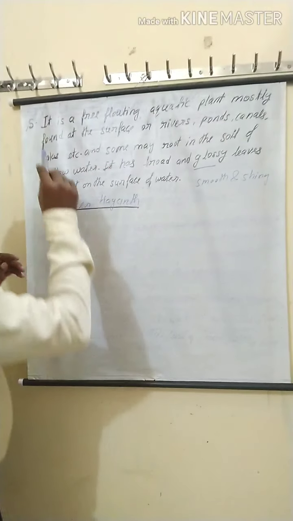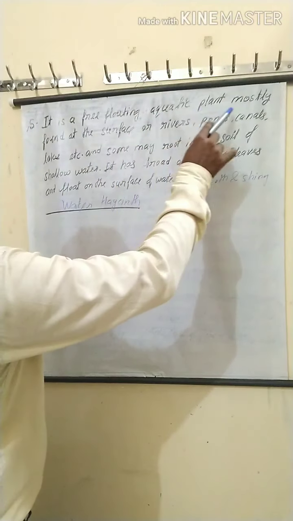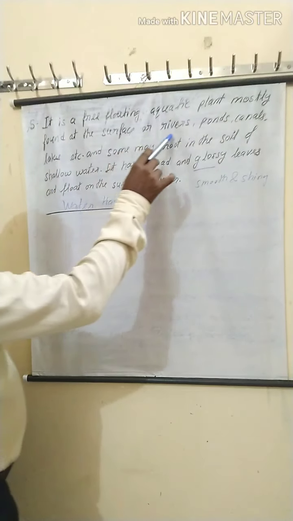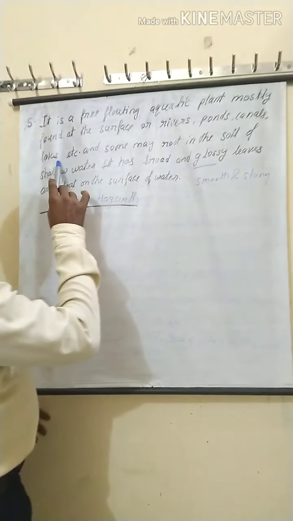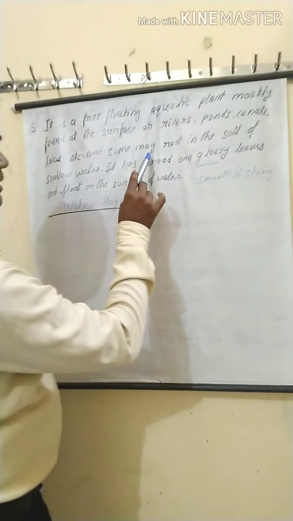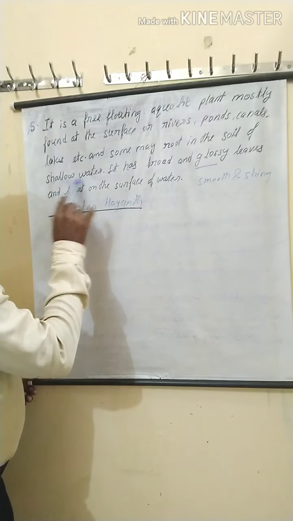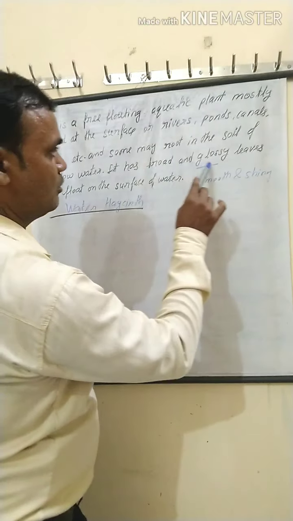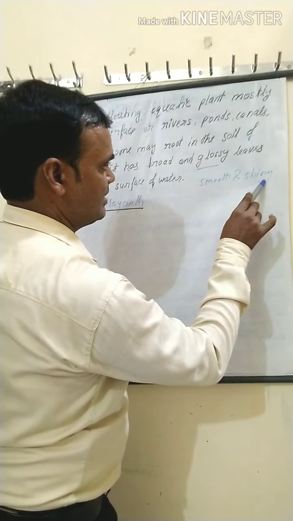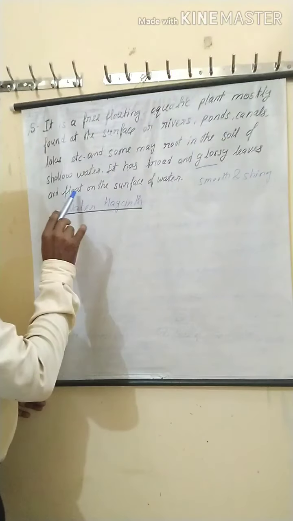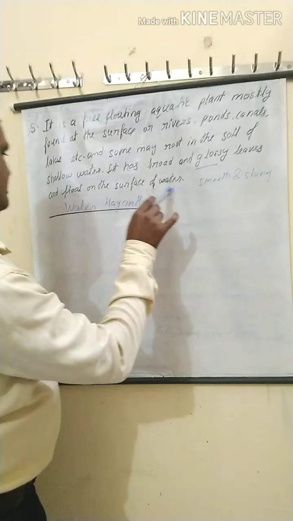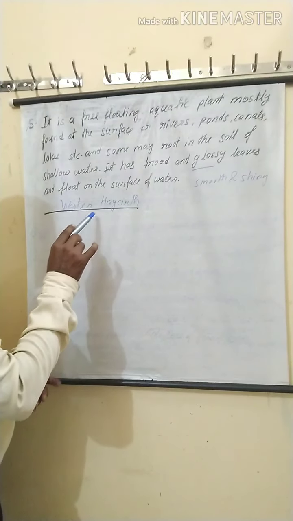And last, fifth number: it is a free floating aquatic plant mostly found on the surface of rivers, ponds, canals, lakes, etc., and some may root in the soil of shallow water. It has broad and glossy, meaning smooth and shiny, leaves that float on the surface of water, and the answer is water hyacinth.